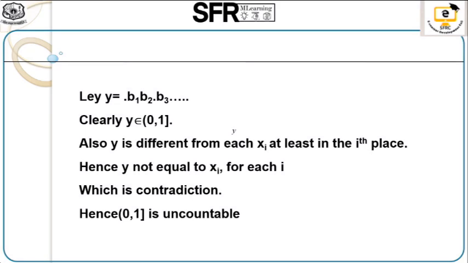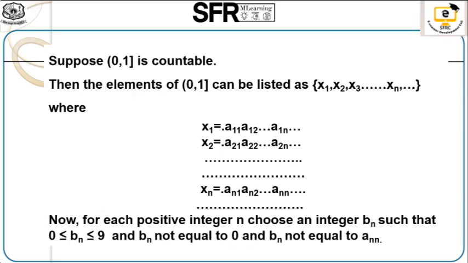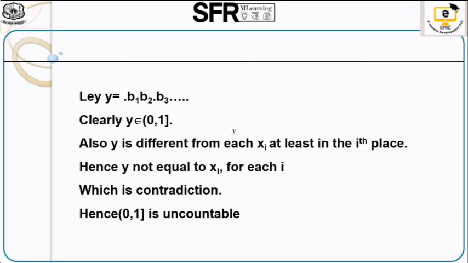Now construct the values b1, b2, up to bn. We construct y equal to 0.b1 b2 b3 ..., which is a decimal value. Here y lies in the interval (0, 1]. Also, y is different from each xi at least in the ith place.